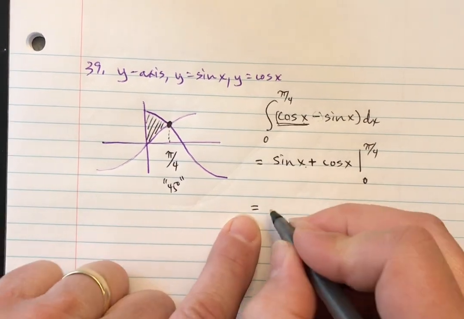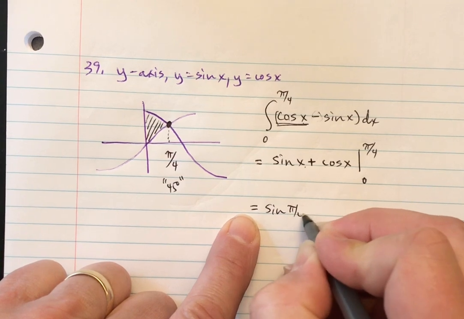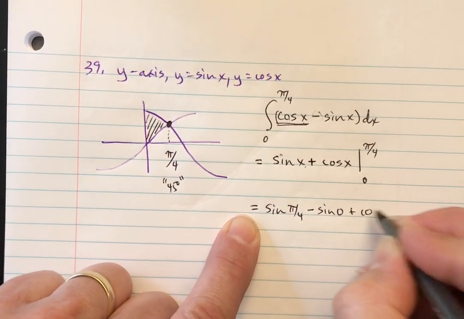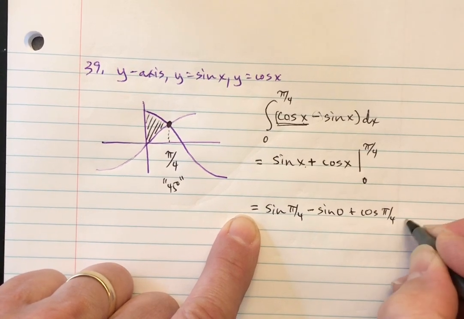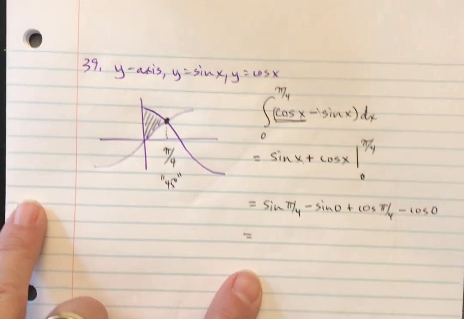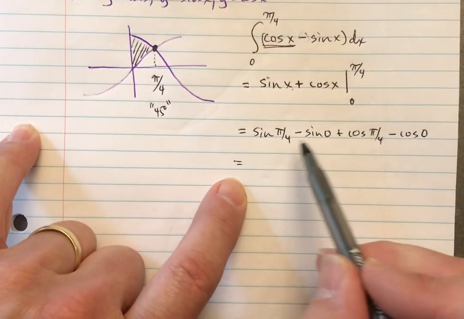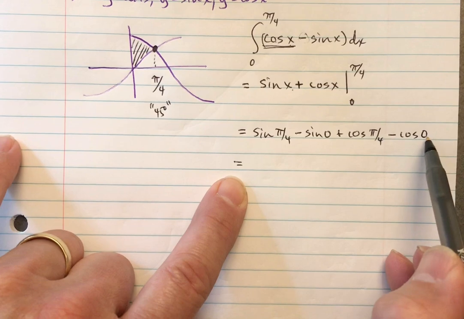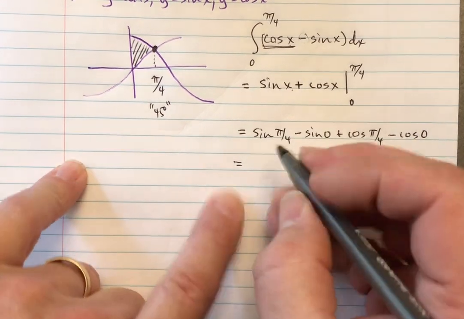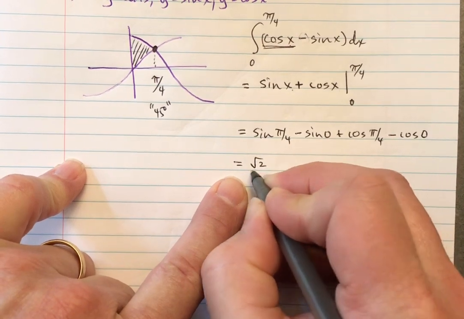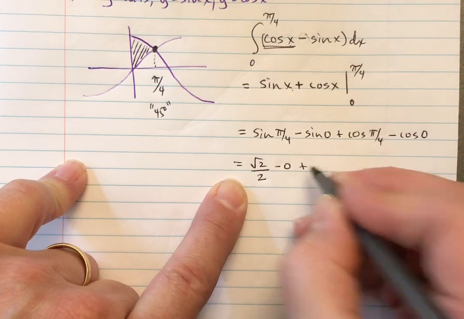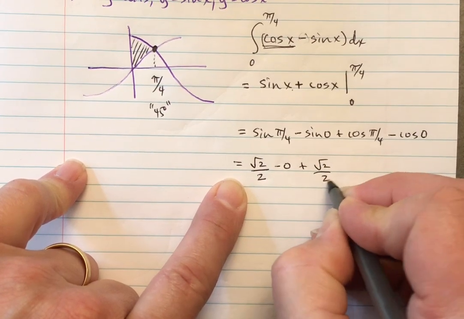Now, this is going to be sine of pi over 4 minus the sine of 0, plus the cosine of pi over 4 minus the cosine of 0. And now we've got to be very careful. When we're dealing with trig functions, we can't just assume when you plug in 0, you're going to end up with a 0 value. The sine of pi over 4 is root 2 over 2 minus 0. This is root 2 over 2.